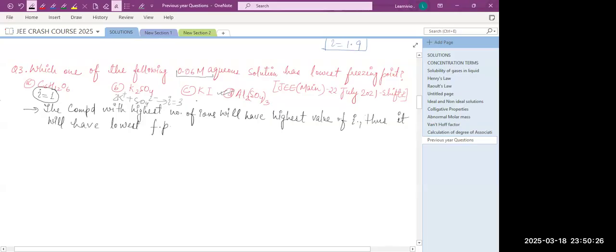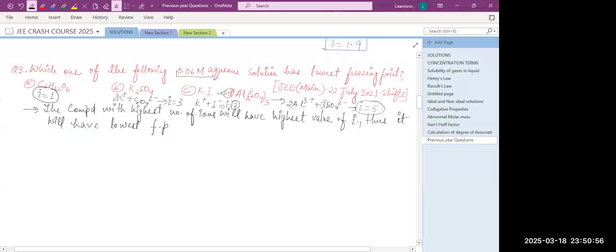And for KI, K+ and I-, so the i value is 2, right? And for Al2(SO4)3, it will dissociate to form 2Al 3+ and 3SO4 2-. So check how many ions are there: 3 plus 2, right? So the value of i will be 5.